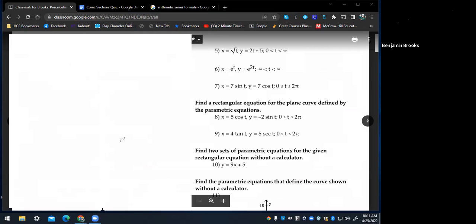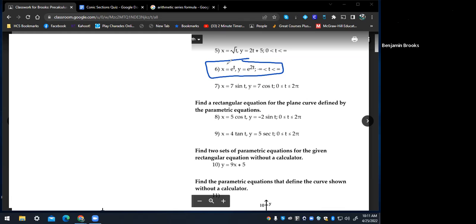Let's look at 6. It says turn into a rectangular equation. Ew. We got e. But it's still the same. What are the only two things that we have to do here?